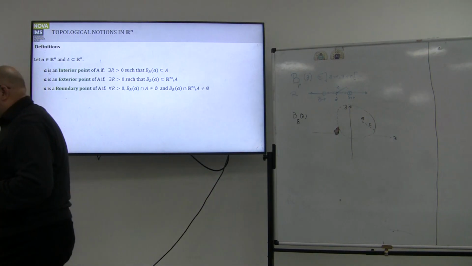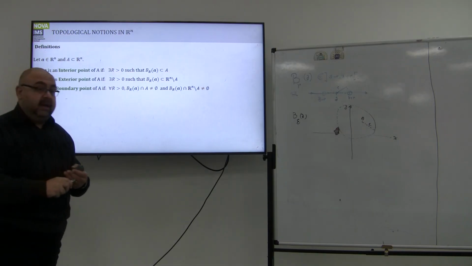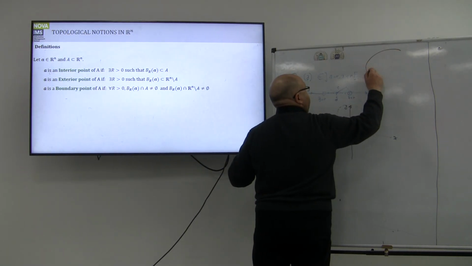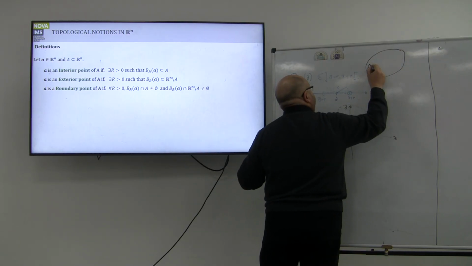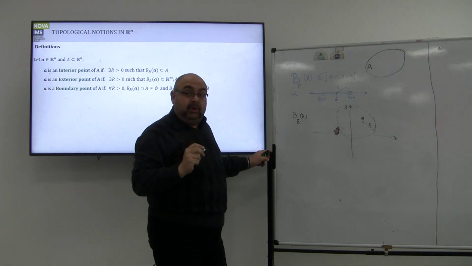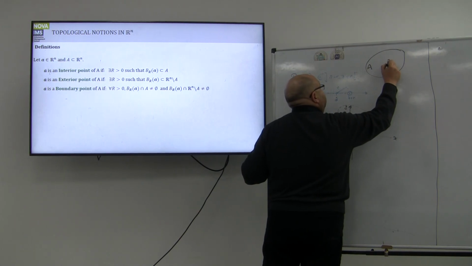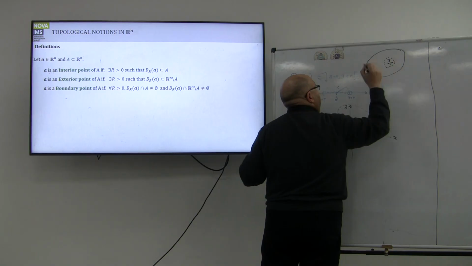To make your life easier, let's look at this case. If I consider this is the set A capital, we will call A small an interior point if it is in here, with radius R, and that's the open ball.